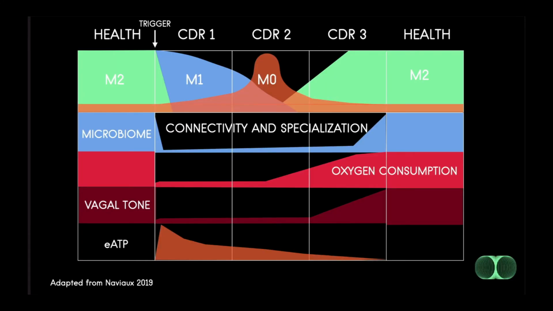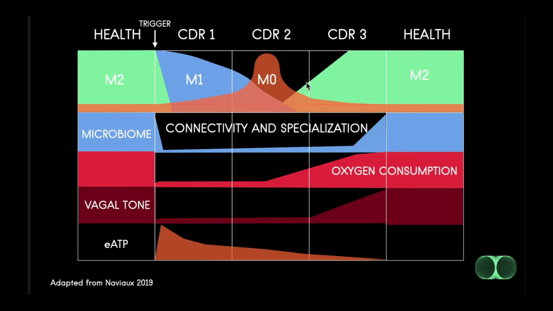So we can see that each stage of the cell danger response has different metabolism and has a different relationship going on in terms of the overall human network. So over here, this is where we're healthy, and then we have this trigger. And then in CDR1, there's this inflammation. In CDR2, we've got these naive stem cells that are now creating new tissue. And then CDR3 is really about a shift back to health.